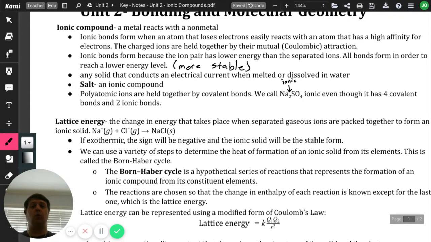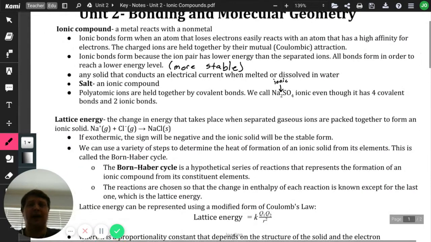Now, when that gaining or losing of electrons happens, so when we form an ionic bond, we get what's called lattice energy. Lattice energy is basically the change in energy that takes place when I'm packing together my ionic compounds, right? Taking, for instance, sodium as the metal, and I turn it into a gas.